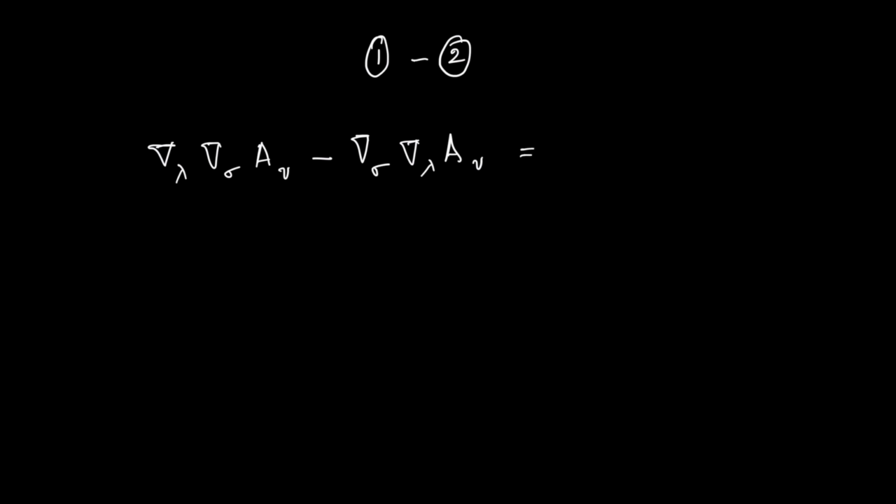If you observe more closely, you can see that this is nothing but the commutator of the covariant differentiation with respect to lambda and with respect to sigma, acting on A nu. So this is the commutator.